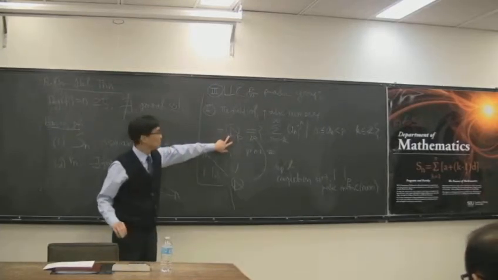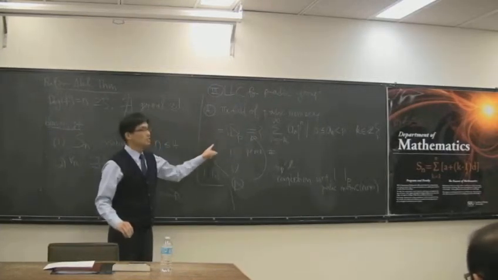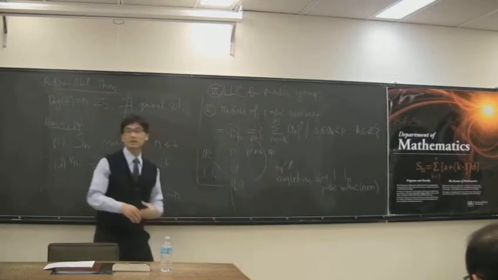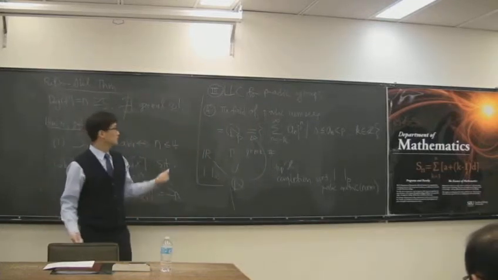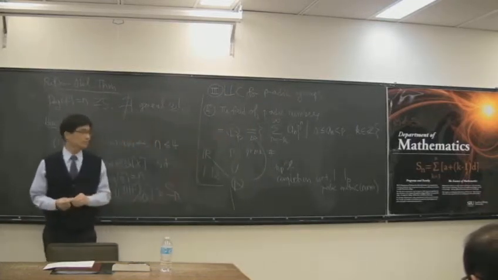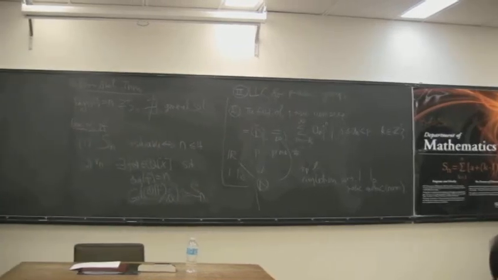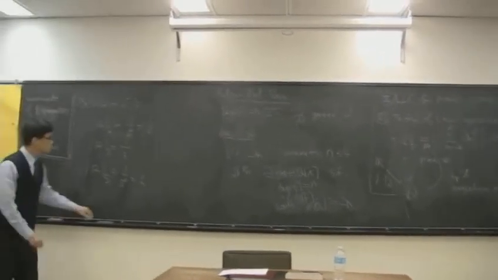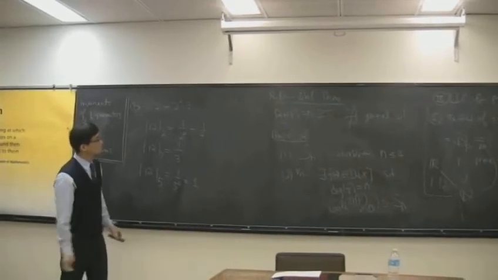So by taking different metrics and the same topological completion, we got these two different fields. I believe we now have a small concept of the p-adic numbers.